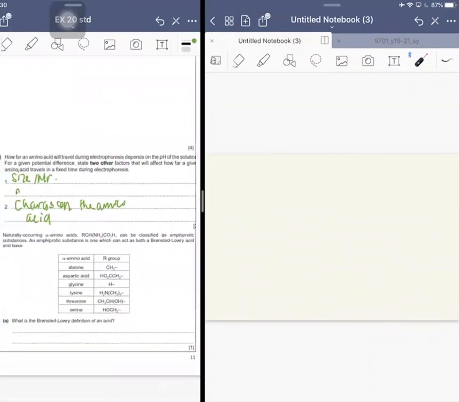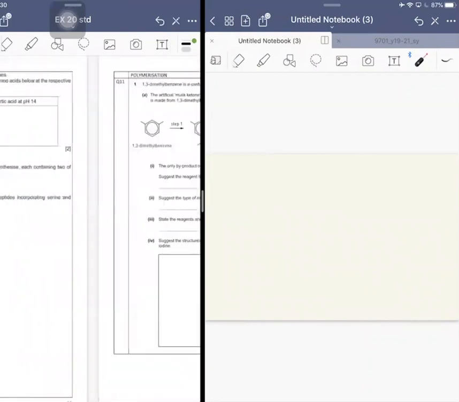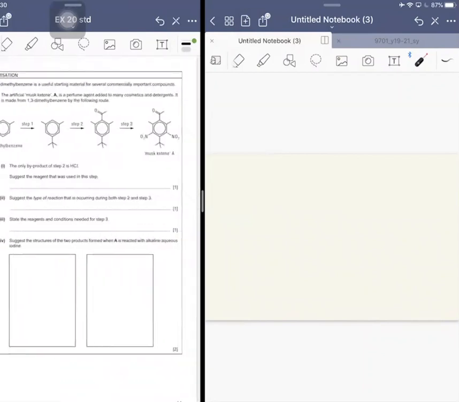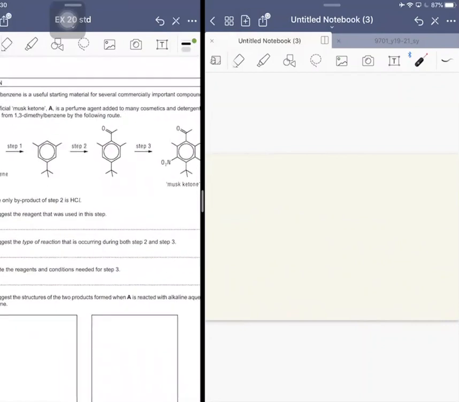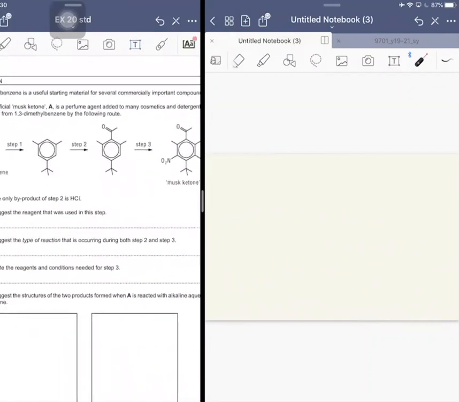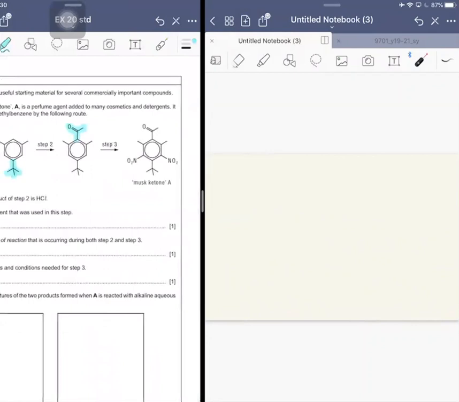Question number 10, you may skip it because that is similar to question number 4. Let's have a look at question 11. Before you read the question, I want you to notice that at step 1, we have added this alkyl group. In step 2, we have added this acyl group, a C double bond O group. And in step 3, you are introducing the nitro group NO2.